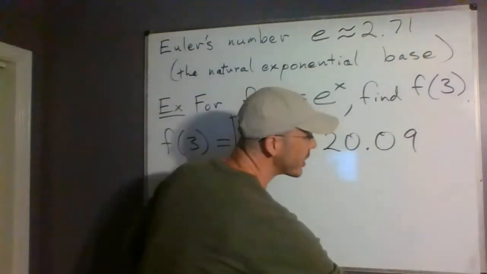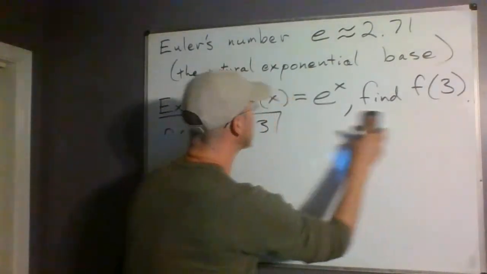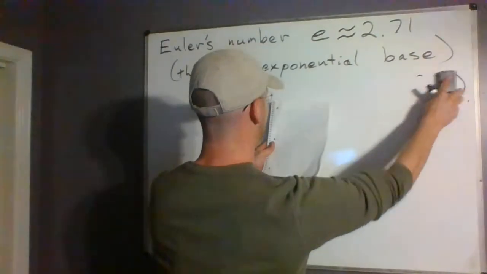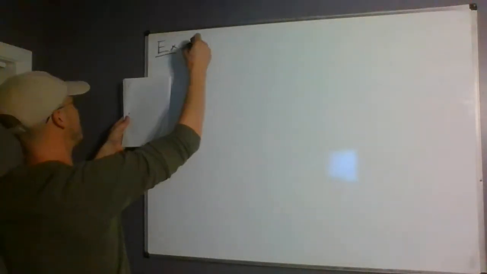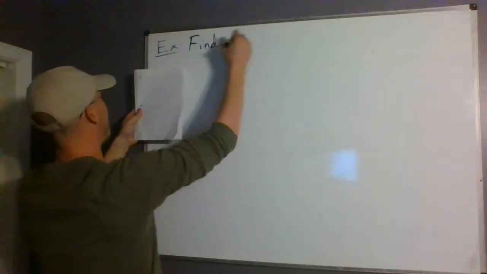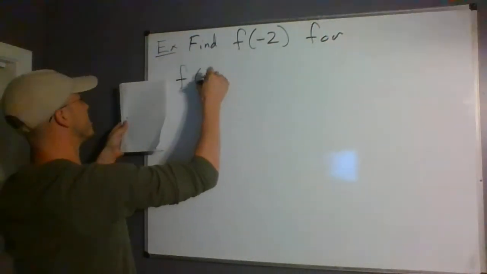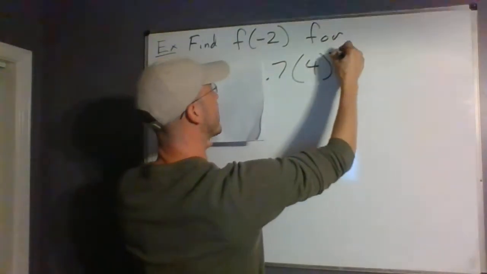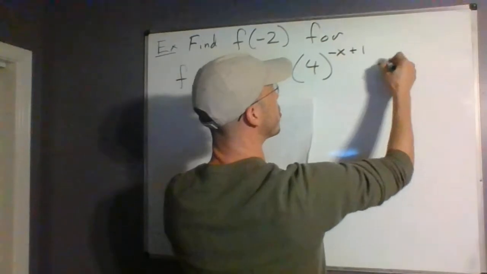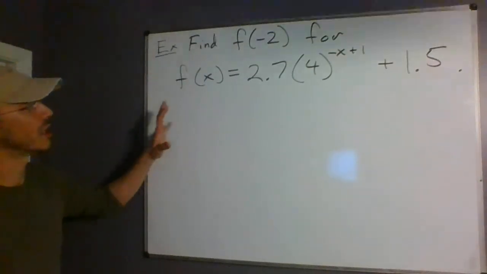Okay, I've got another example that has a little bit more complicated algebra, or simplifying. This next one is not with Euler's number. It is to find f of negative 2 for the function f of x equal to 2.7 times 4 to the negative x plus 1, plus 1.5. This is a little bit of a complicated functional expression.